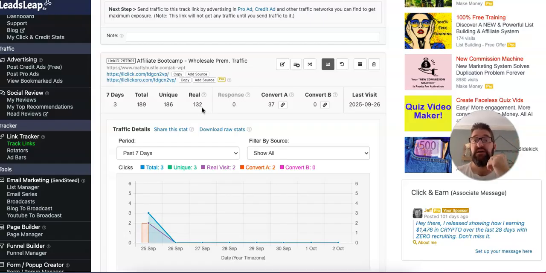Because that's 68 less clicks than I should have got on a 200 click package. So what does that mean? Does it mean it's not real? No. Does it mean it's a little bit inflated in terms of what you're getting? Yes. And this particular company promotes low price, but quality traffic, which it is decent traffic for the price.